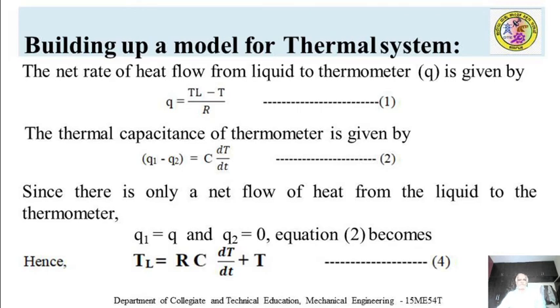By substituting for Q, we get the equation TL equals RC dT by dt plus T.